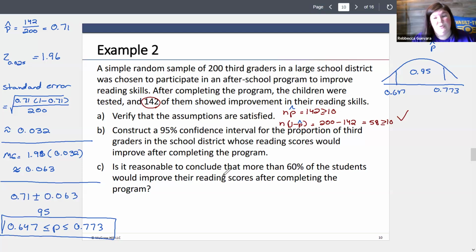So the last question here is this. Is it reasonable to conclude that more than 60% of students would improve their reading scores after completing the program? So 60% would be here. Well, we would probably have to say yes, because we at least know 95% do.